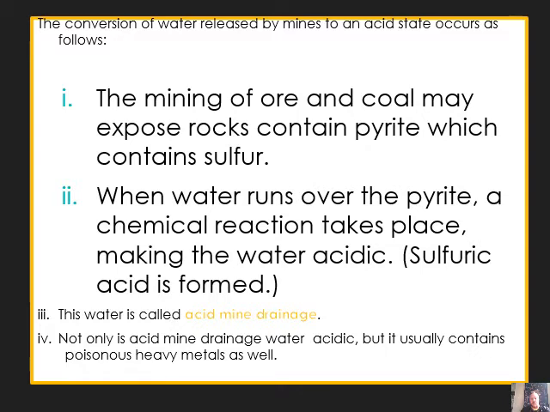Now, if you remember correctly, sulfuric acid can actually burn the membranes of your skin. The water is called acid mine drainage, or AMD, as you did in your little activity on Monday. Not only is acid mine drainage water acidic, but it usually contains poisonous heavy metals as well, and that is because they were able to dissolve because of the extremely low pH.